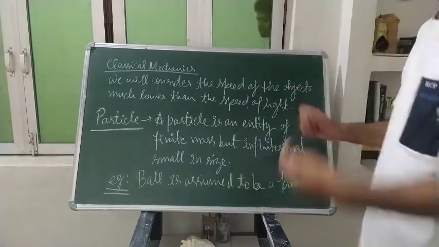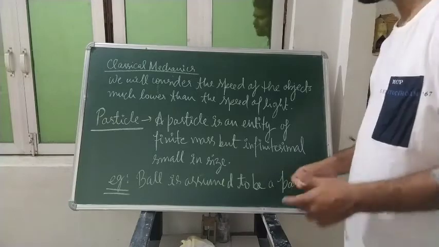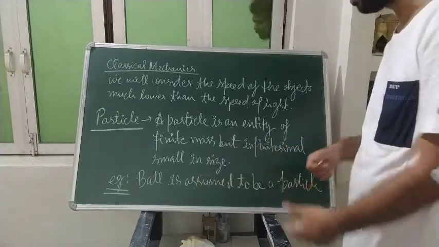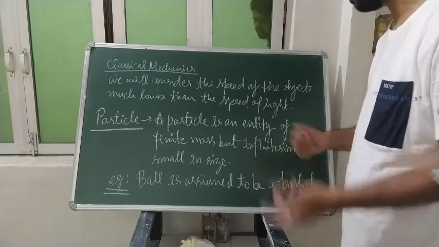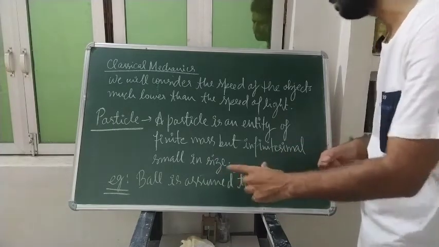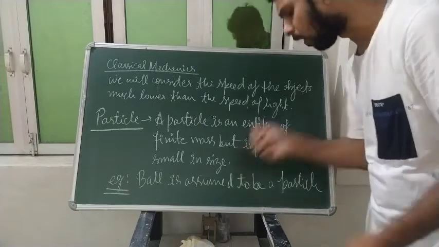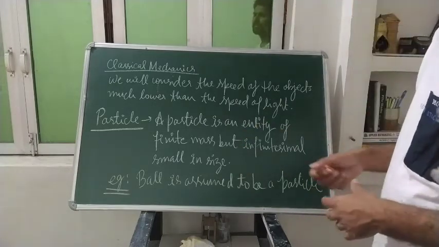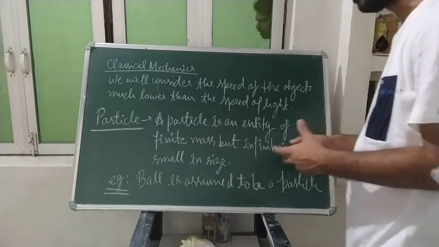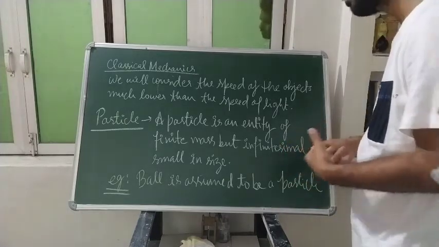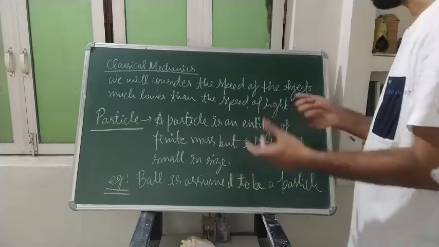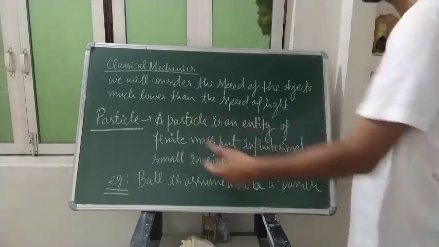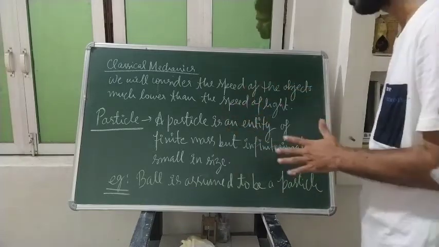It is idealized only. It means that in general it will not be like that, but for the study we are idealizing things so that it has finite mass but infinitesimally small size. We will consider the size in the case of rigid bodies, in another chapter.